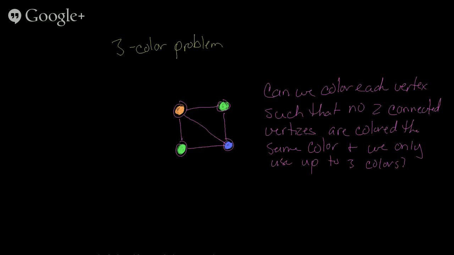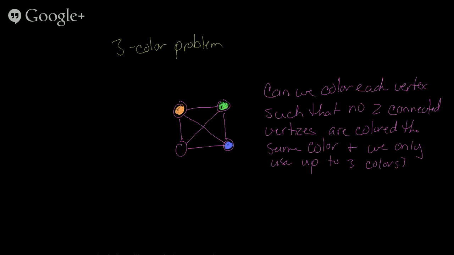Now, say for example that our graph was slightly different. Let's say that instead of this graph, it was this graph. Now what could we do? Well, we've colored in this one orange and this one blue. This still can't be orange or blue because it's connected to both. This one can't be orange or blue because it's connected to both. So we can pick our third color, green. Color in that one green.